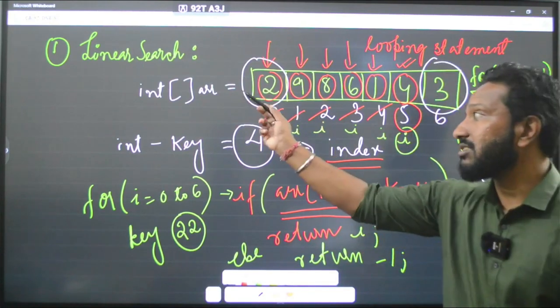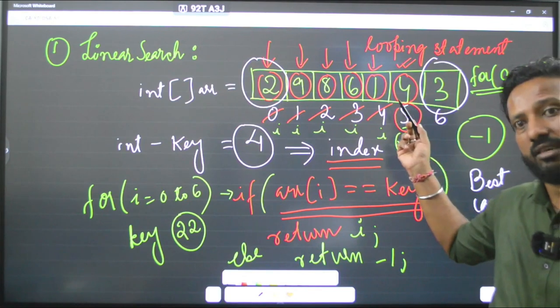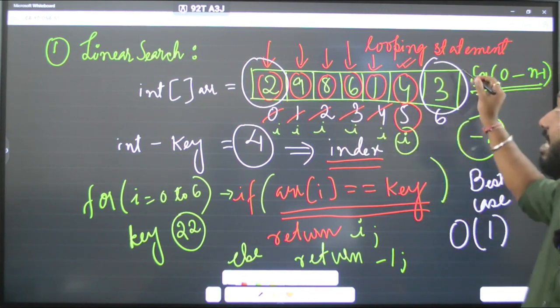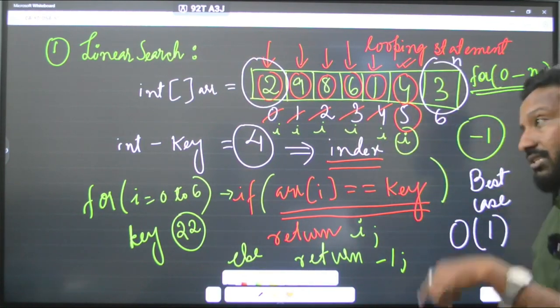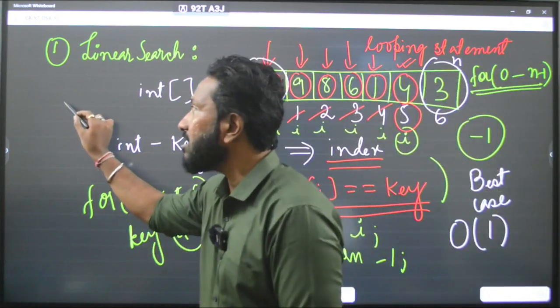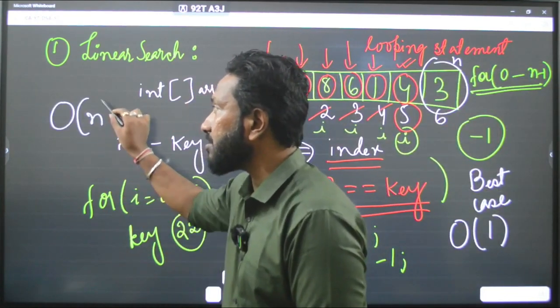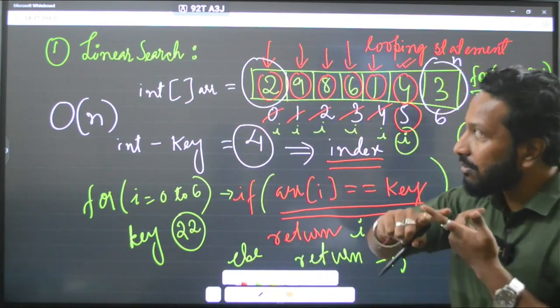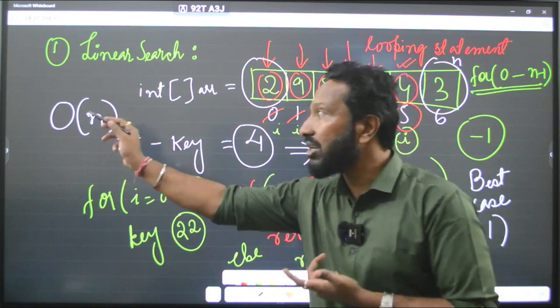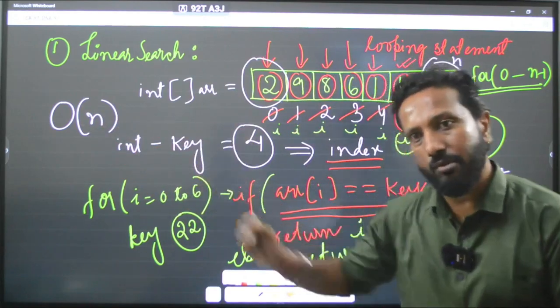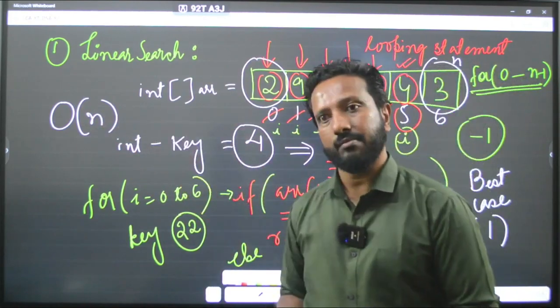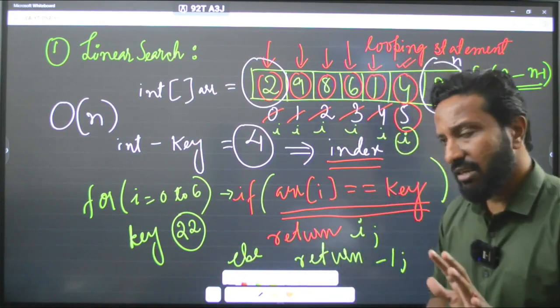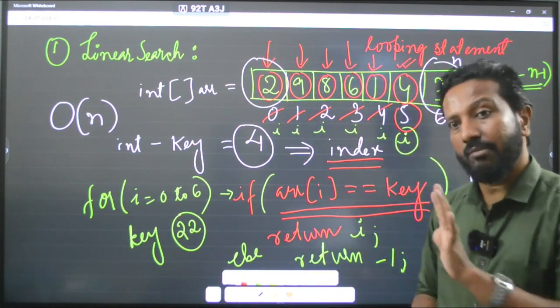I have to traverse the whole lot of array elements, one by one till the nth element. So, the worst case time complexity is big O of n. One for loop going from the beginning to the end of the array, we are traversing all the elements. So, the time complexity is O of n. Clear? This is how it is about linear search.